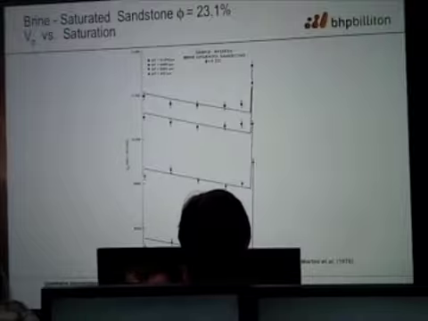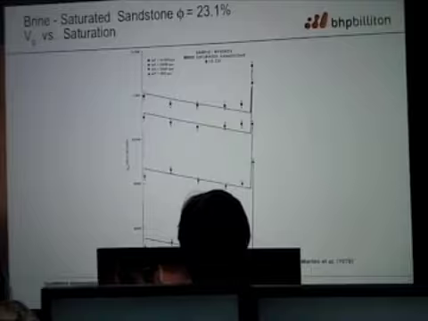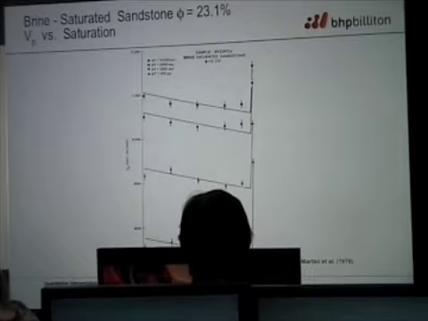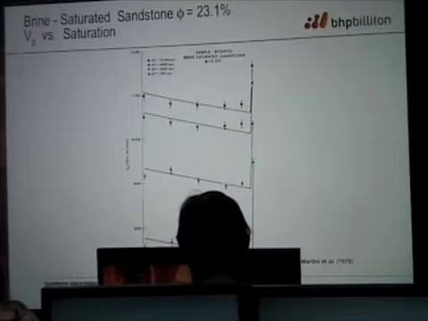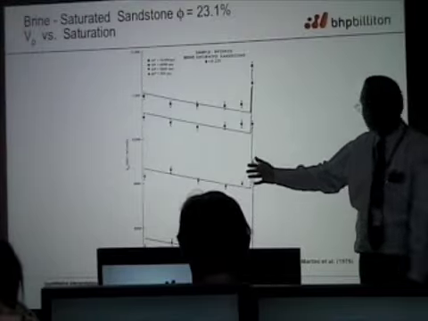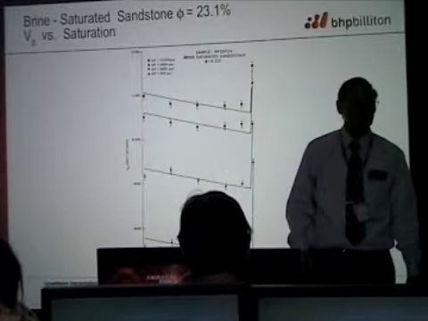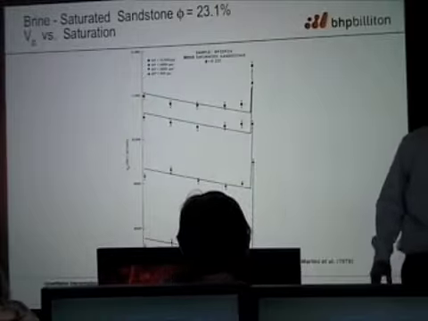And so if you have a not quite homogeneous rock, you could have regions of the core which have higher saturation than others, and paths through the core which the wave sees that are quite different from the calculated average saturation. So that's basically the reason we think that some of these data points don't follow that curve precisely.